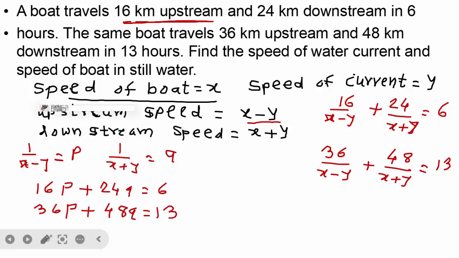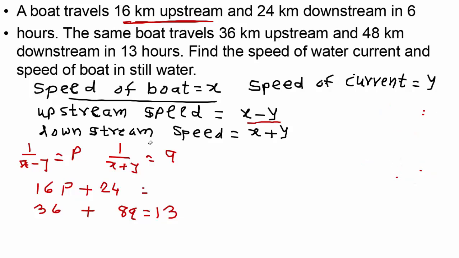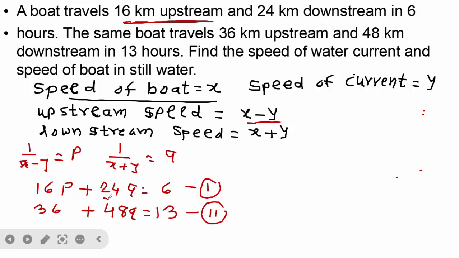Now we shall solve these two equations simultaneously. First we shall obtain p and q, and then we shall obtain x and y from that. How to solve these two equations? These equations can be solved by the elimination process. How? We shall try to make the coefficients of q the same. In the first equation, the coefficient of q is 24. In the second, it is 48.